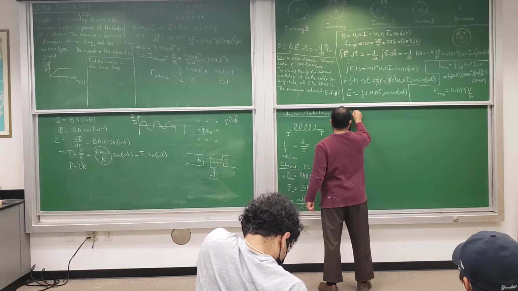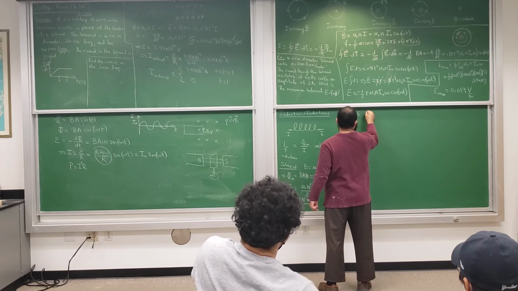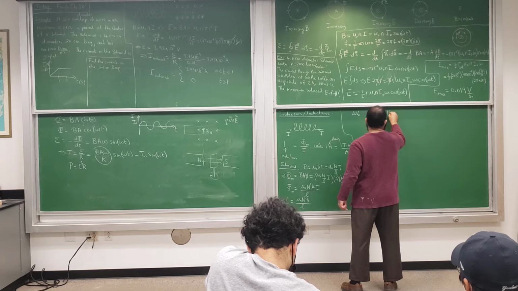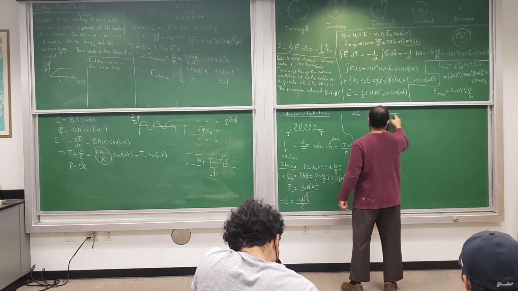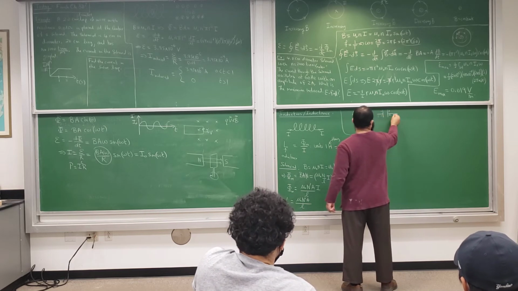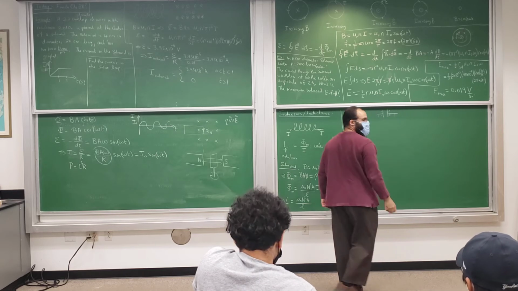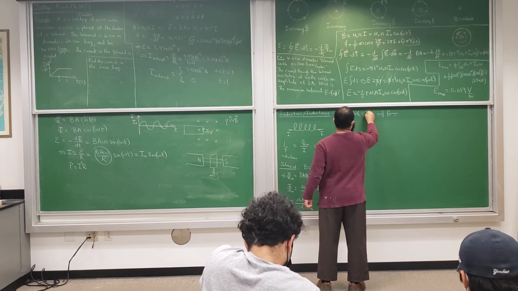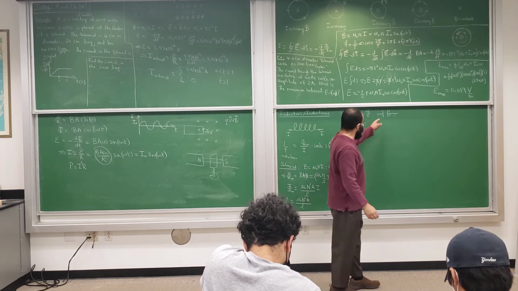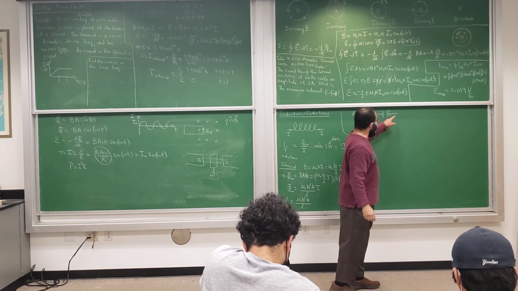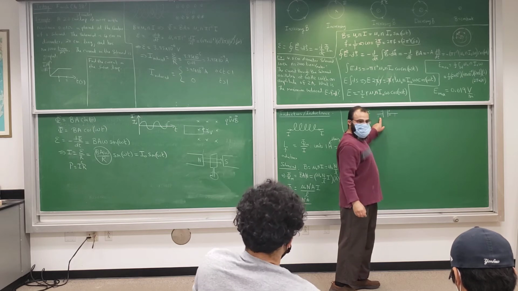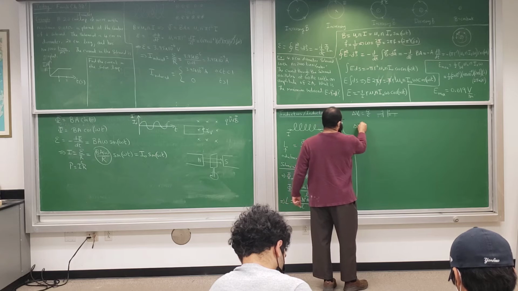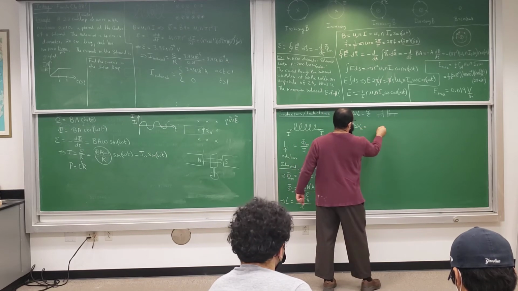Say your capacitor is minus and plus, and the current is going this way, so this end would be a higher potential. So delta V equals Q over C. Now delta V for a resistor, let's figure it out.